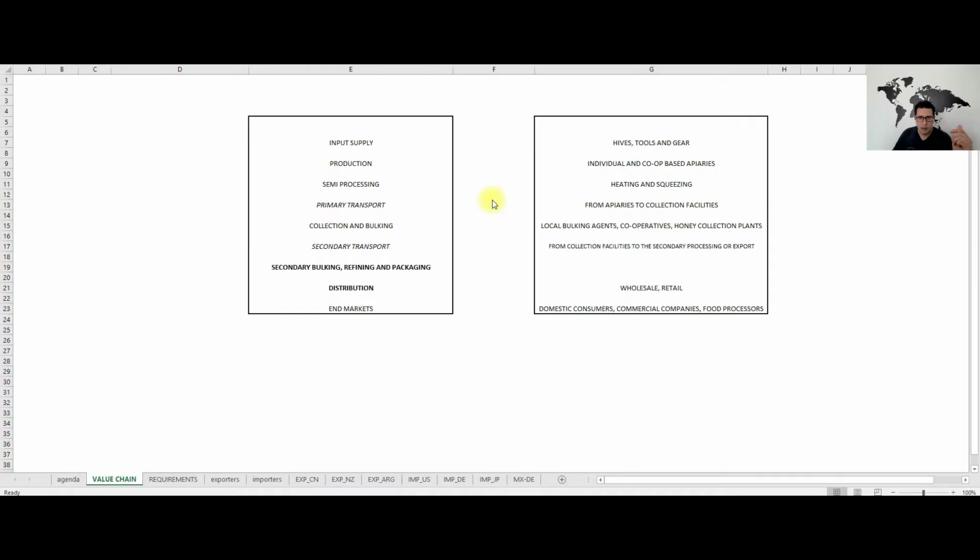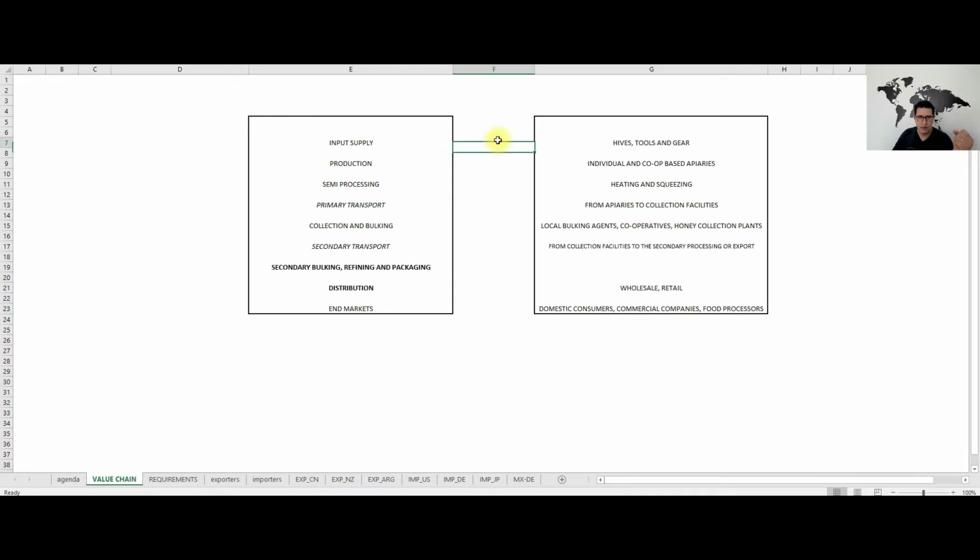And before I go further, I want to share with you the screen in order to see together the honey value chain. Okay, so this is the honey value chain, which is a rough representation of mine, but I think it will help you better understand the process.